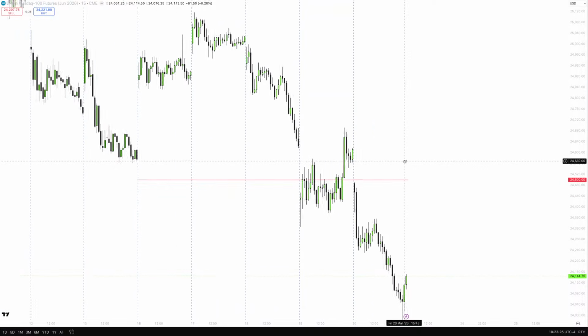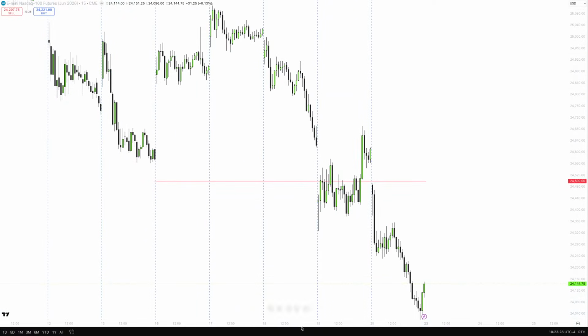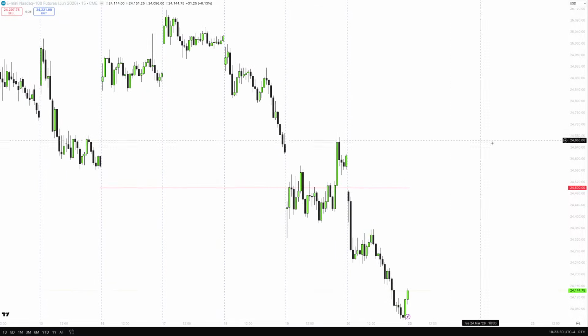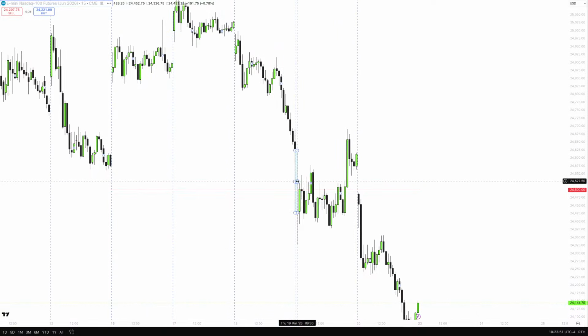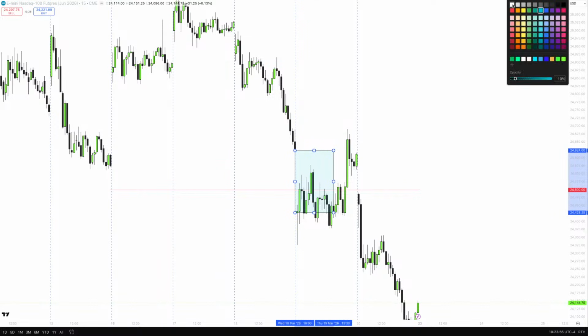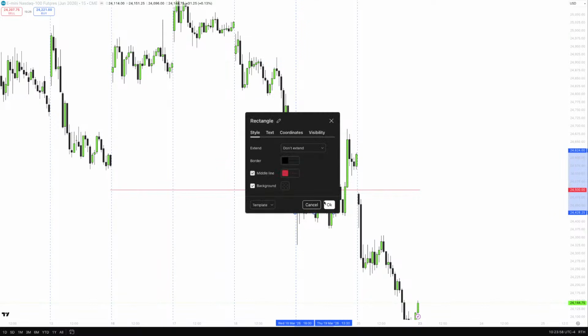And why I want to consider these facts is that the high and the low and the midpoint of the opening range gaps are key levels to consider to take trades from. So for example, you can see right here that this is an opening range gap. Let's do it like that.